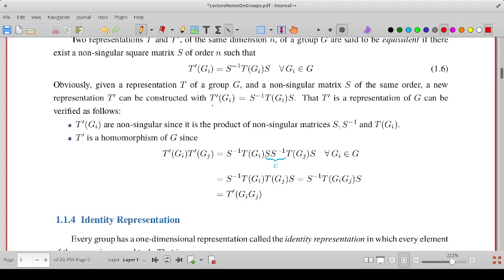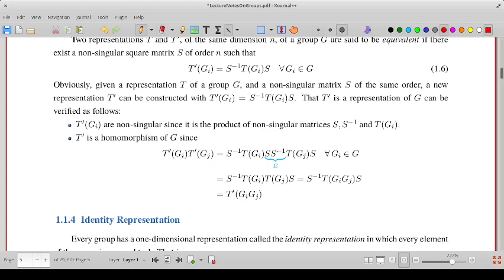Next, we check that they form a homomorphism. For that, we consider two elements Gi and Gj of the group and take the product of the representation matrices T dash (Gi) and T dash (Gj). Now T dash (Gi) is S inverse T(Gi) S. So we simply replace T dash (Gi) by that form.